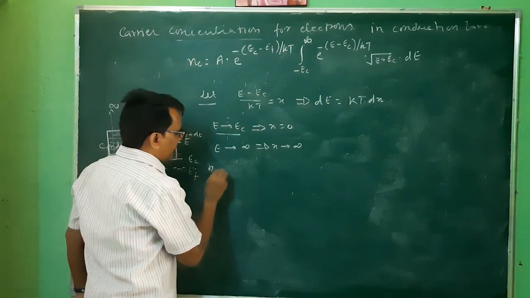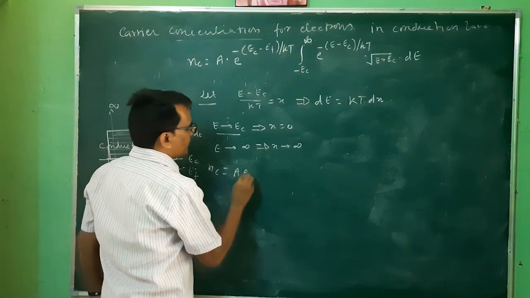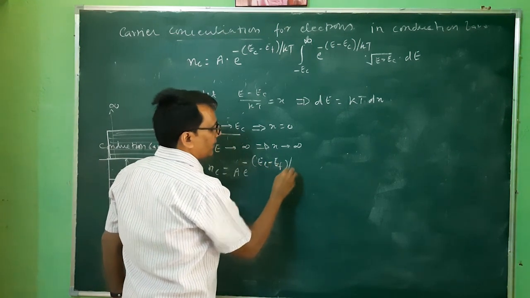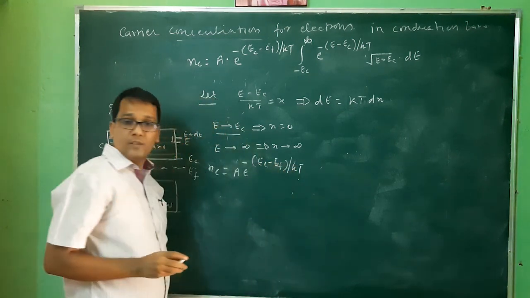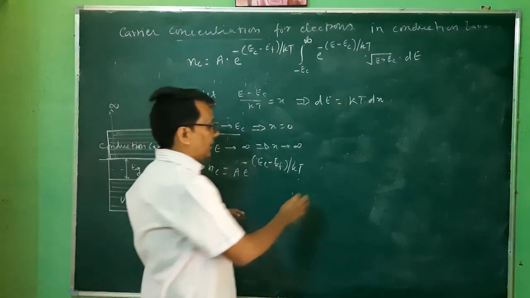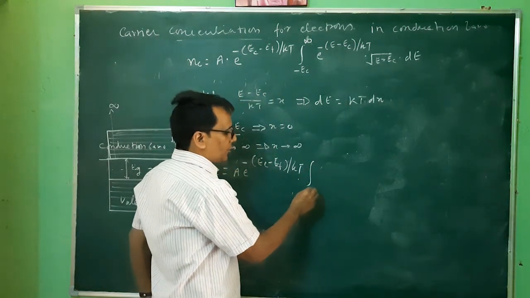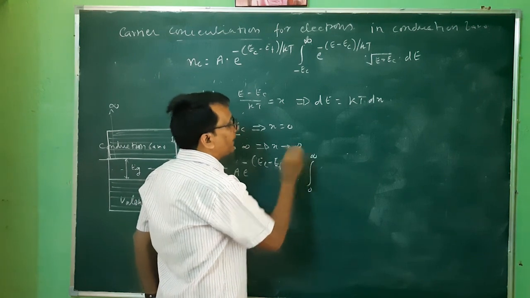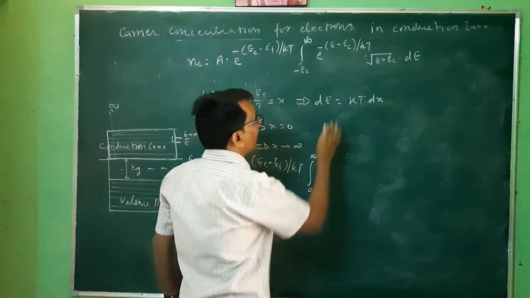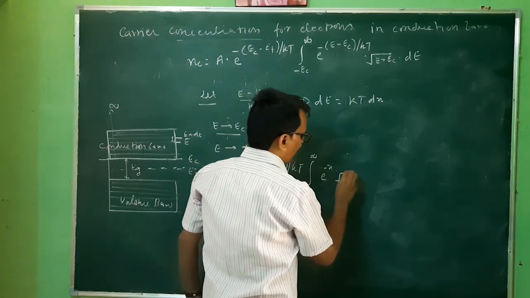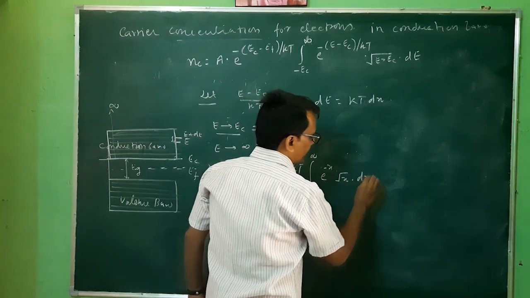So Nc is equivalent to A exponential of (Ec − EF)/kT, and the integration goes from 0 to infinity of e^(−x) √x dx.